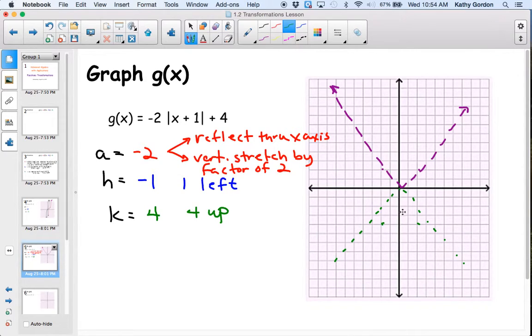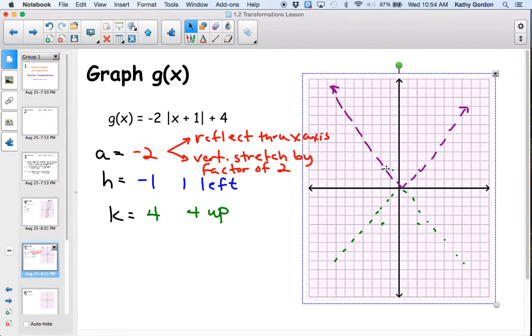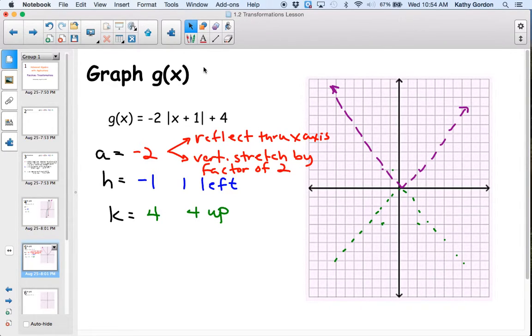So I take 0, 0, and I go 1 left, 4 up. There's my new vertex. Okay, right about there. And then I can take these points and go 1 left, 4 up.